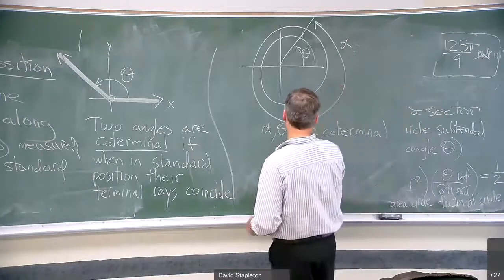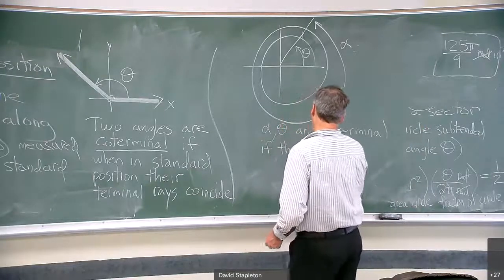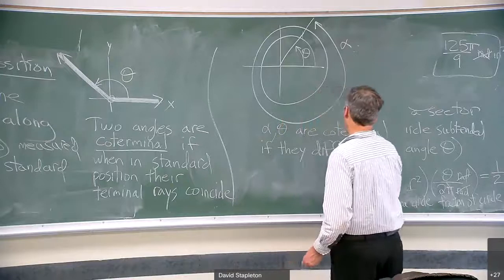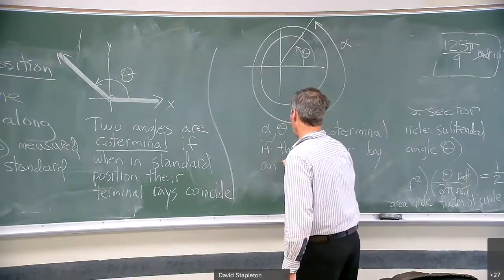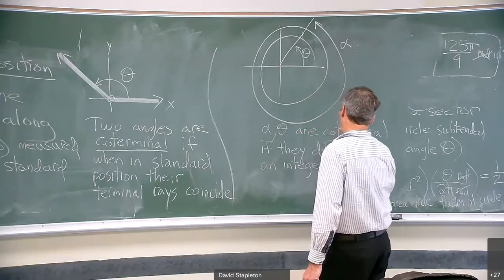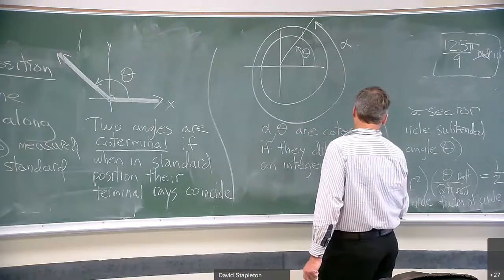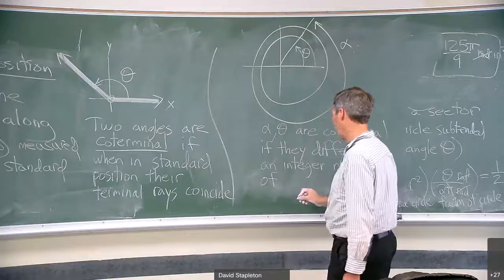So alpha and theta are coterminal if they differ in measure by an integer number of rotations.